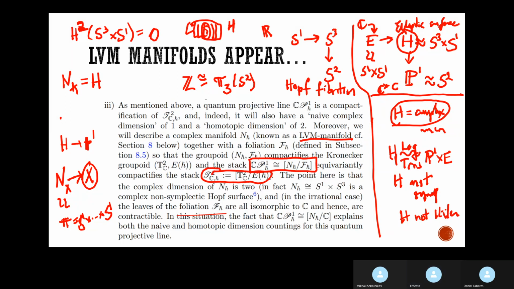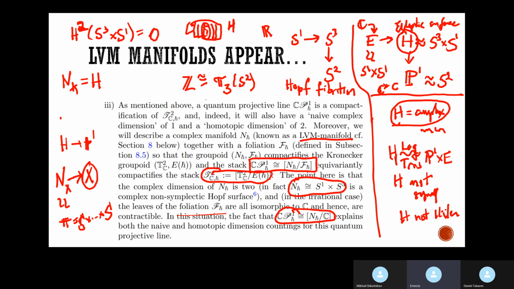And we have the Hopf surface on top, and I can also see it like this, not as acted on by an elliptic curve, but by an action of an abelian group. We have this complex analytic abelian group acting on this complex manifold, the Hopf surface, and that gives me the space of leaves.